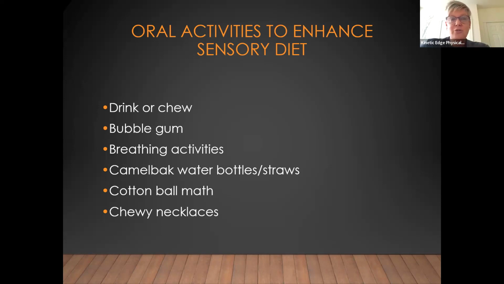Breathing activities: doing breathing activities as a whole class. There's even the one where you inhale up the thumb as they're tracing. They inhale and then exhale, and then inhale and exhale, and you're having them use the other hand to go up and down those fingers.